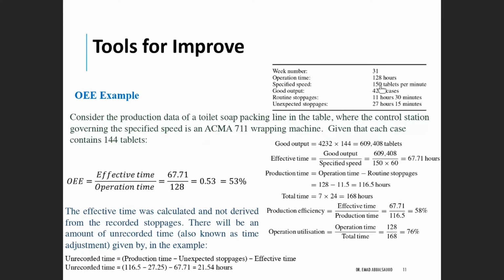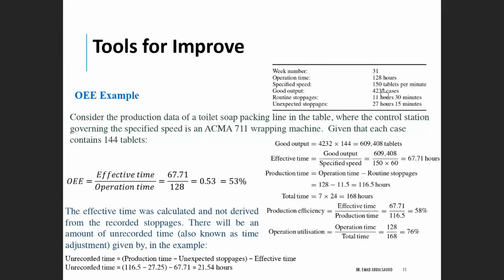150 tablets per minute. And if we are going to work with hours, as all the unit time here is given, 150 tablets per minute gives us 150 times 60, which is 9,000 tablets per hour.